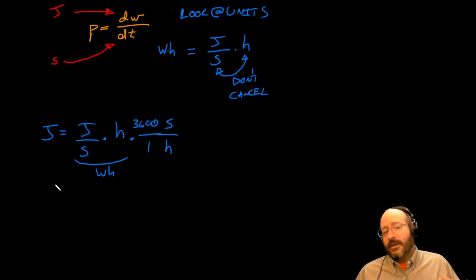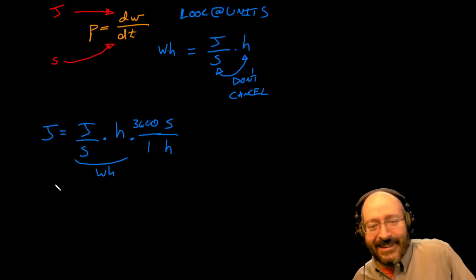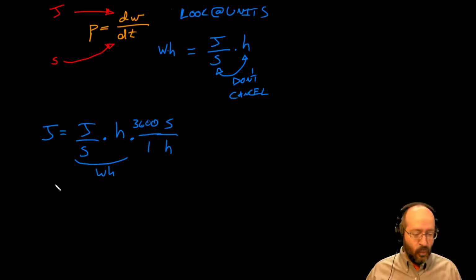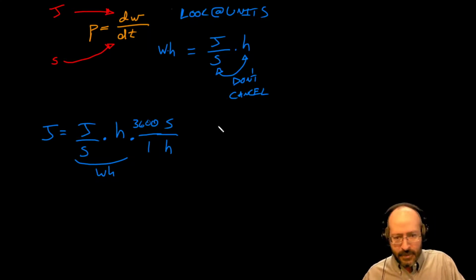I'm not really sure. There's probably a good history lesson there if you dig into why electric companies use kilowatt hours instead of joules. Not the worst unit of energy, but let's do a short example here.